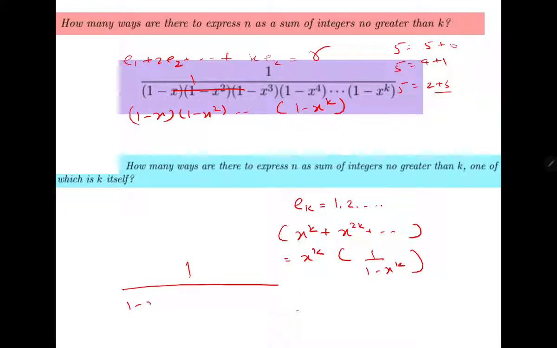In total, the generating function would look like 1 over 1 minus x, 1 minus x square, up to 1 minus x raised to the power k, and in the numerator you have x raised to the power k. Here we are not computing how many ways at this stage, we are only computing the generating function. That's why I simply wrote down the generating function in these two cases.